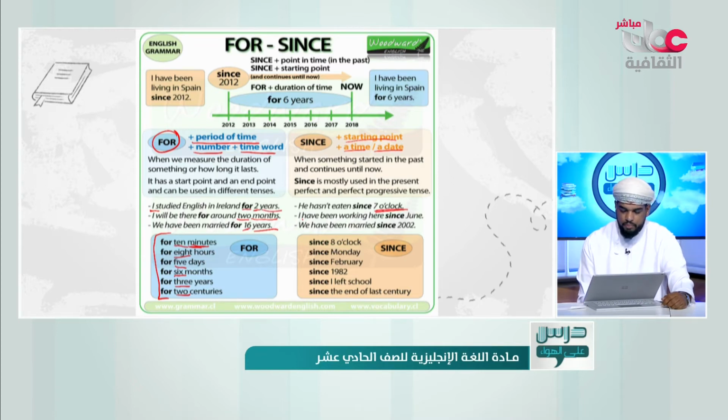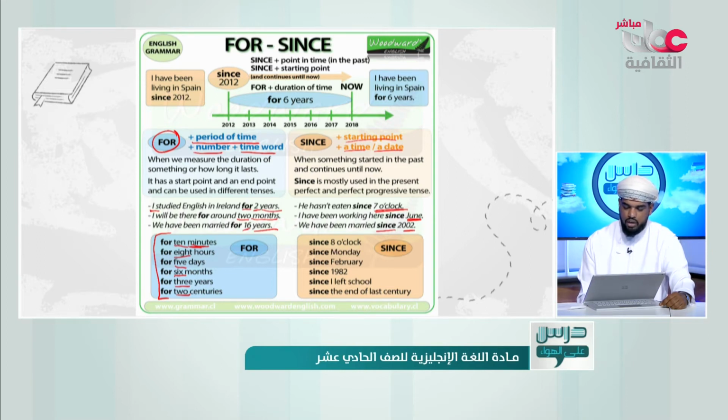Also here, I have been working here since June. Since June, this is a starting point. So we use since to form this sentence. The third example, we have been married since 2002. And this is a date.